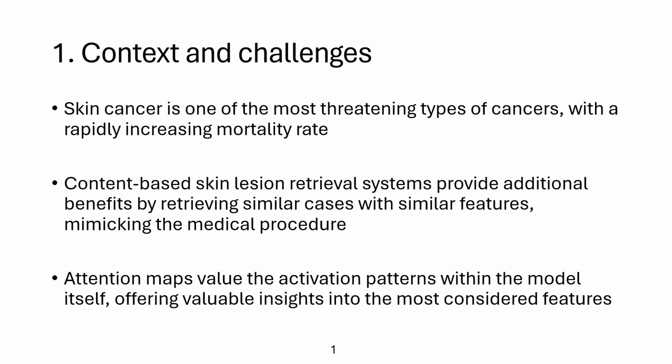In contrast, content-based skin lesion retrieval systems offer visual explanations by retrieving similar cases with comparable features, which mirrors medical procedure. Attention maps here come as an endorsement to visualize the considered feature patterns in the classification phase.